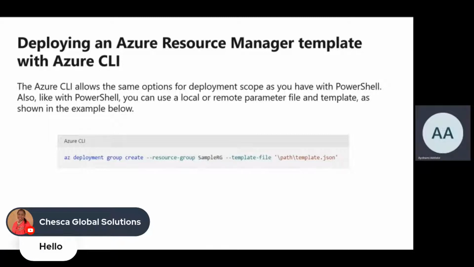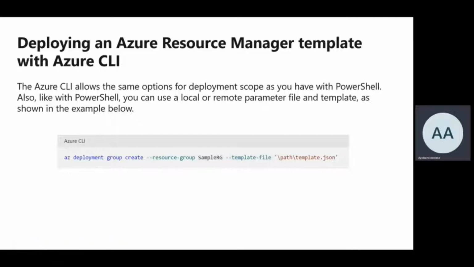It allows for the same scope of deployments as in PowerShell: to a resource group, to a subscription, to a tenant. And also, like PowerShell, you can use a local or remote parameter file, maybe locally sitting on your server or within your Azure portal, or maybe remotely in a Git environment or a repository somewhere. So this is just another similar sample code that you could leverage.